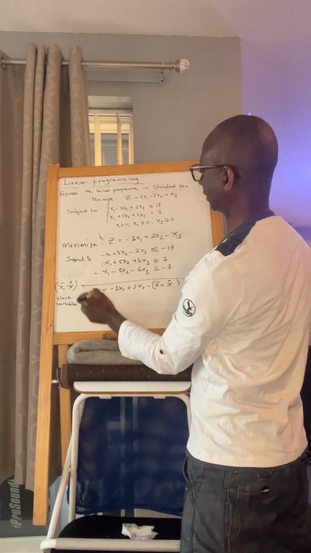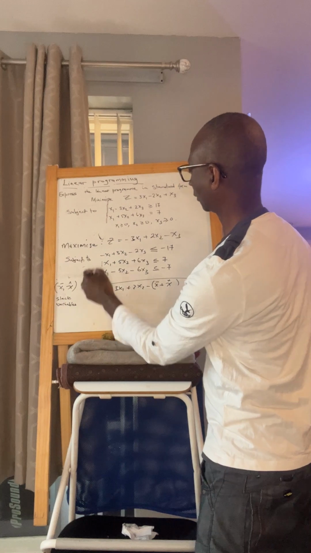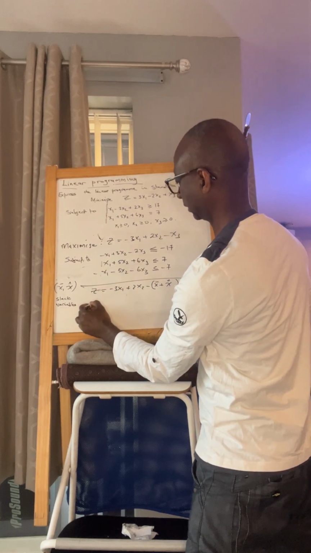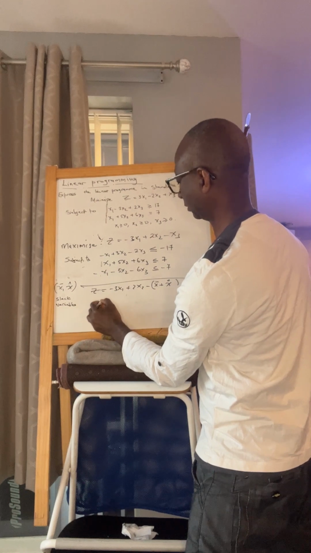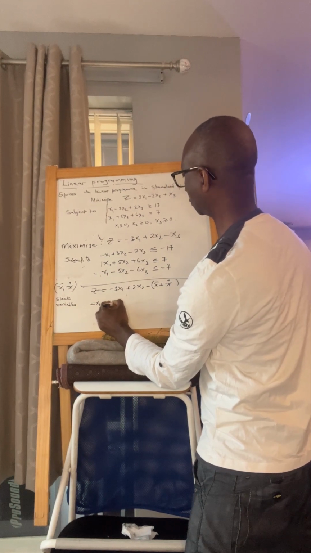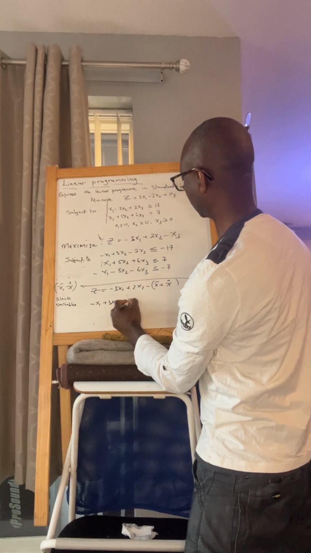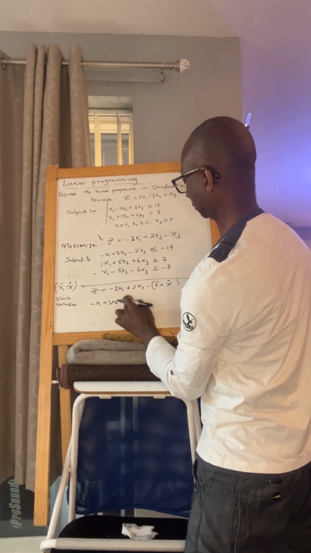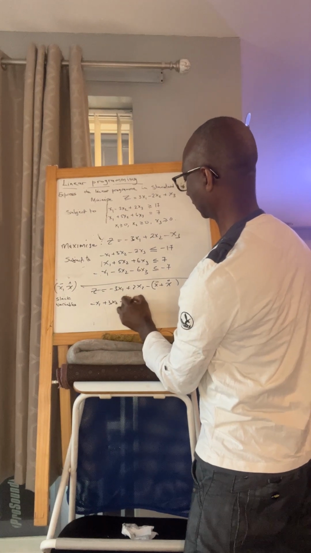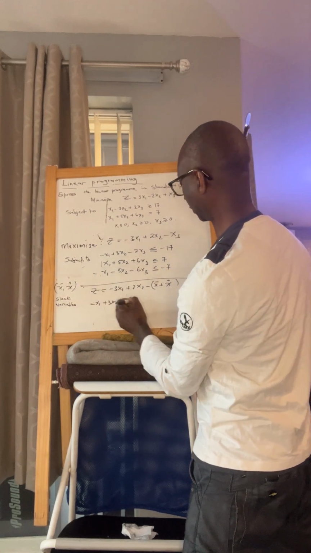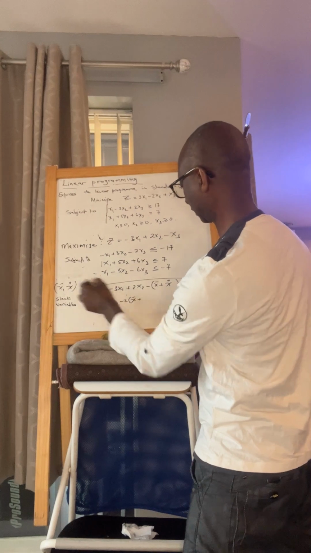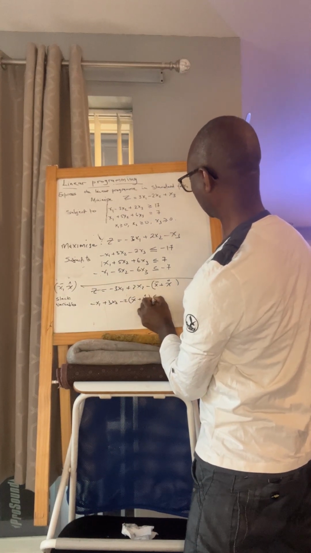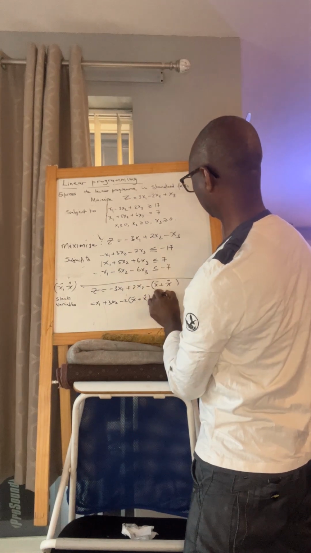That is what we maximize. Subject to, we have this condition here: minus x1 plus 3x2 minus 2 times x bar plus x hat less than or equal to minus 17.